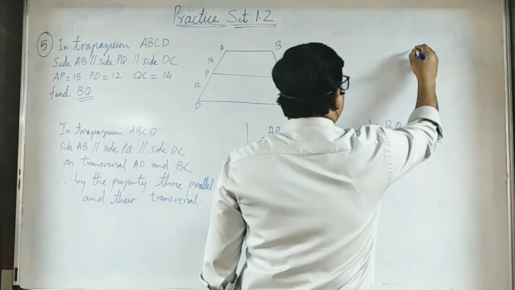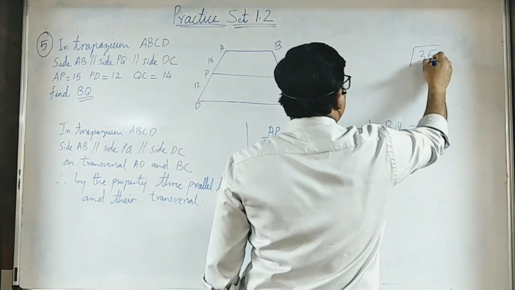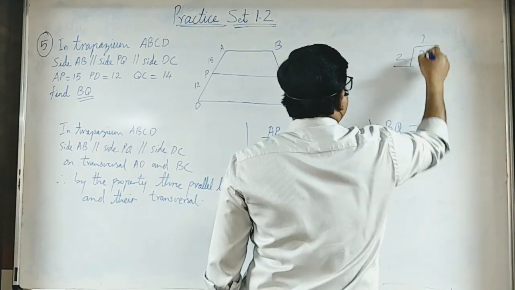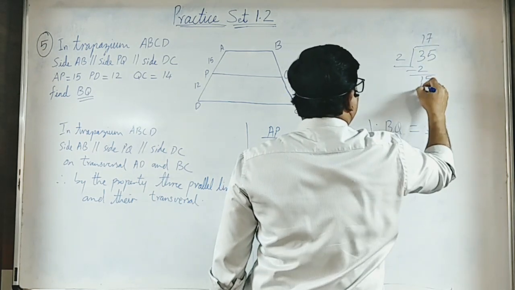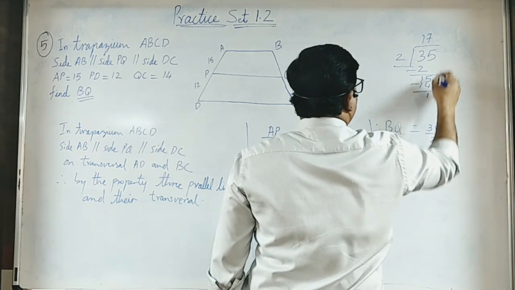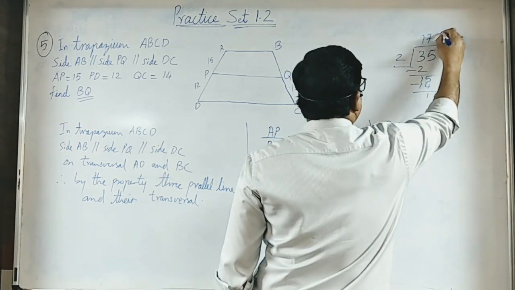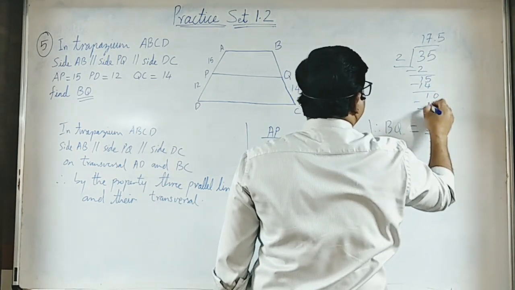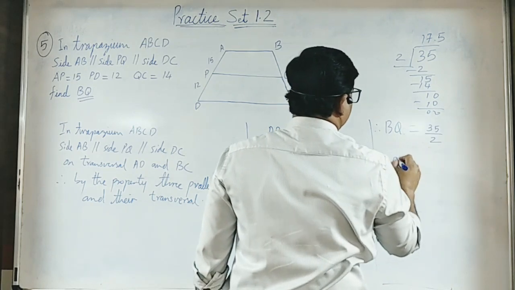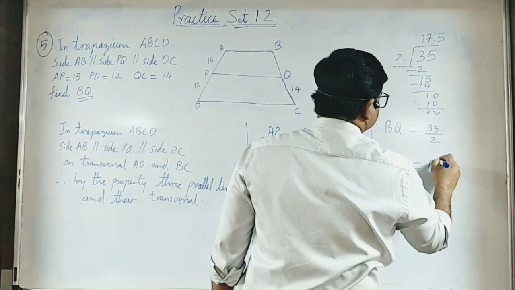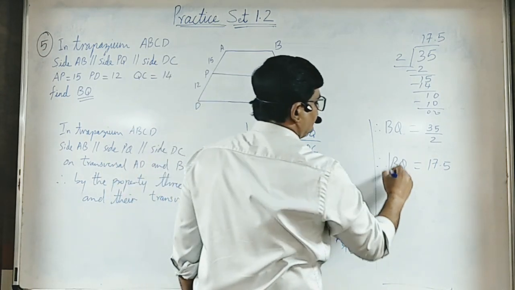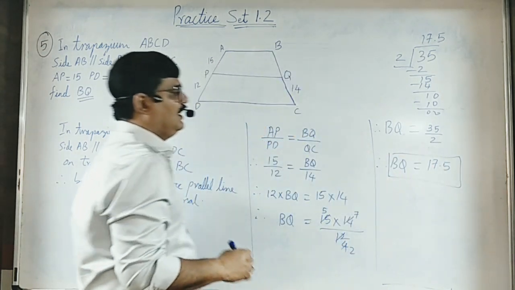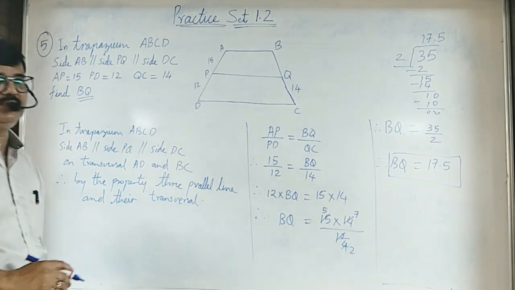Now dividing 35 by 2, you get 17.5. Therefore the value of BQ is 17.5, and this is how your answer of BQ is 17.5.